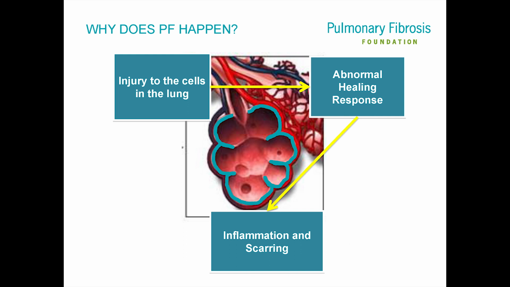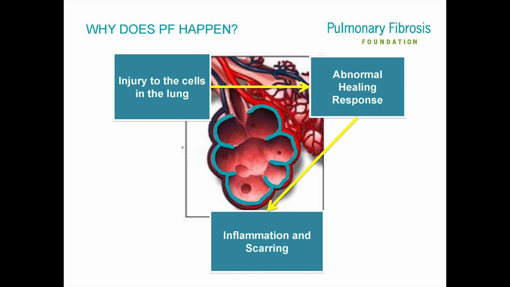Now, with hypersensitivity pneumonitis, we have a sense of what the injury is. It turns out that this type of interstitial lung disease is due to breathing in particles in the air that are, usually at least, from living things, with the most common triggers being exposure to mold, bacteria, and birds.